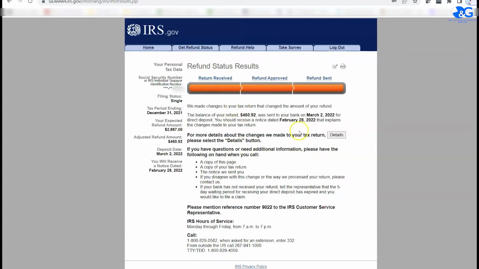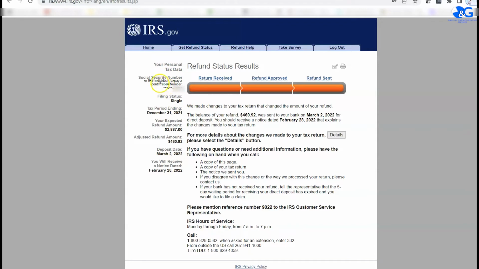Now, if you put in the correct information, it's going to give you all the information you need about your tax return. This bar here basically tracks when the IRS received your return, then when the refund was approved, and when the refund was sent. So you get to know everything here. And then on your left-hand side, it gives you a little bit of information about you and the kind of tax return you filed.